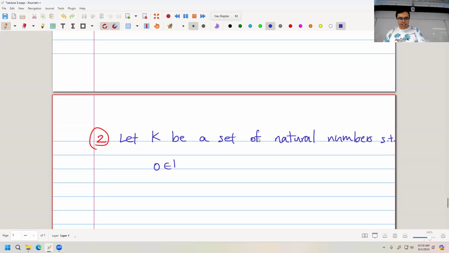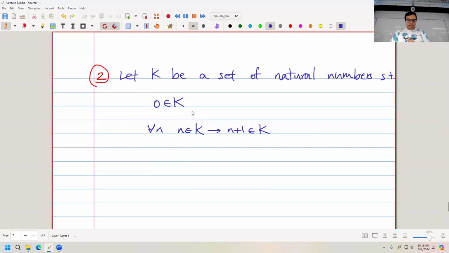So 0 is in K, and for every natural number n, if n is in K, then n plus 1 is in K. Okay. I have to prove that K is the set of all natural numbers.